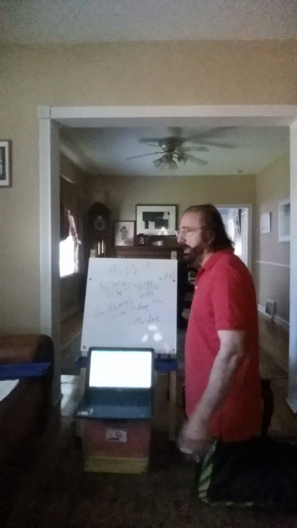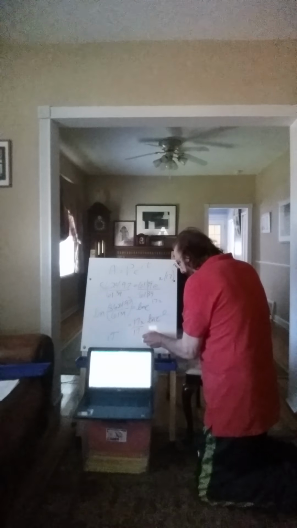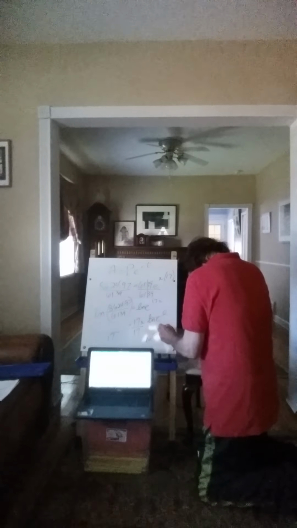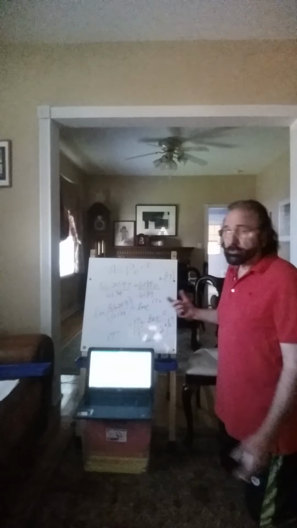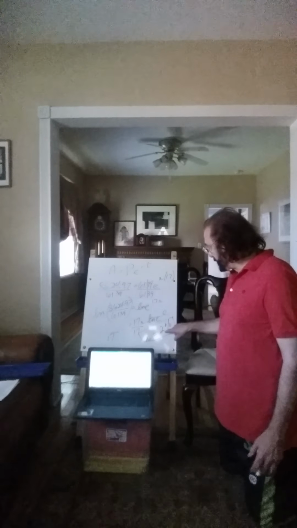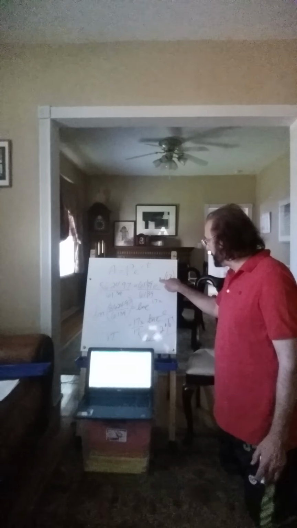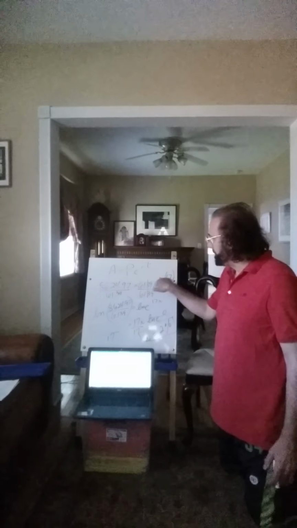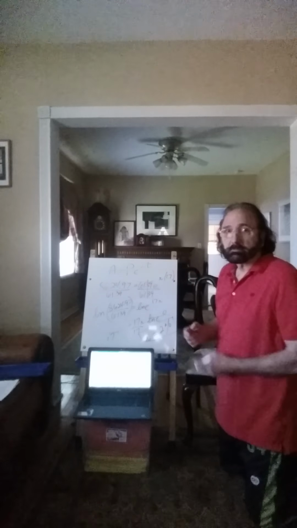Then divide that by 17, and I believe the rate is 2%. The rate is 2%. Now remember, the cool part is you can put 0.02 in here, and you'll get this answer.